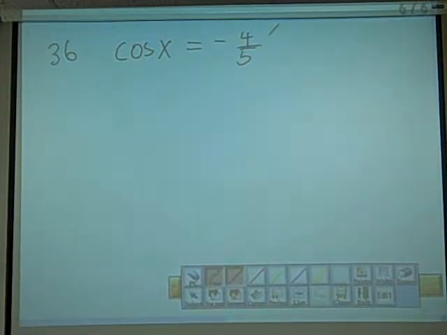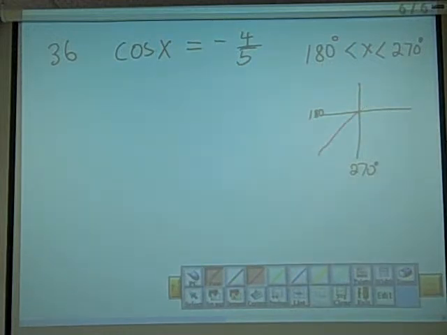And we also know that 180 is less than x, and x is less than 270. Okay, well that puts us, here's 180, here's 270. You probably guessed it by now, we're in quadrant 3.